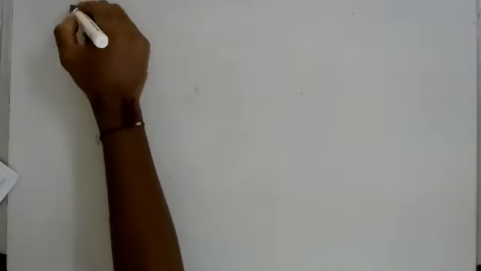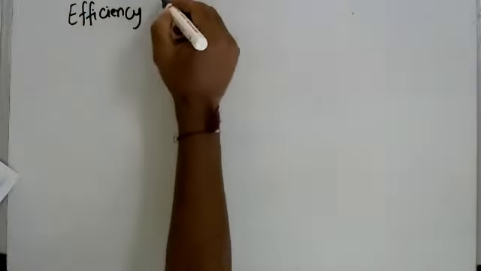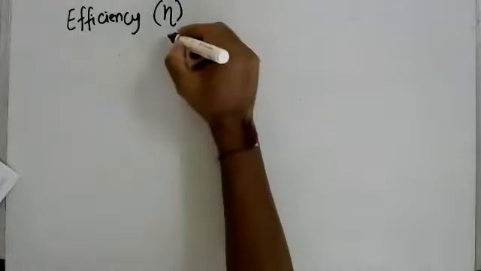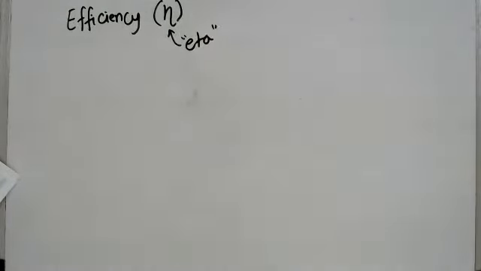The next concept that we are looking at, as the bell goes, is efficiency, abbreviated to this symbol. This symbol is eta. It's pronounced eta. Okay, and efficiency is basically how much of the input work is converted into output work in any given machine.